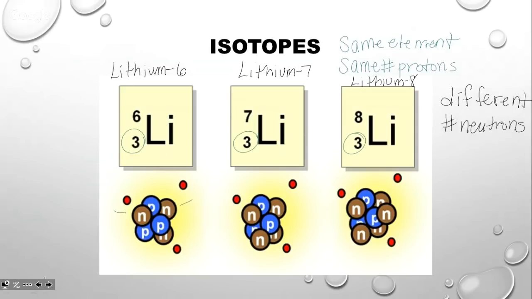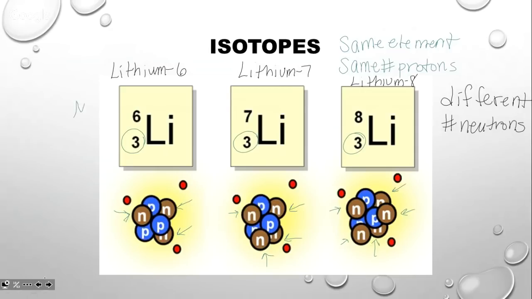Here we have 1, 2, 3 neutrons versus 1, 2, 3, 4 neutrons versus 1, 2, 3, 4, 5 neutrons. The different numbers of neutrons make them isotopes of each other, and since they're isotopes of each other, they have the same number of protons, but different numbers of neutrons.